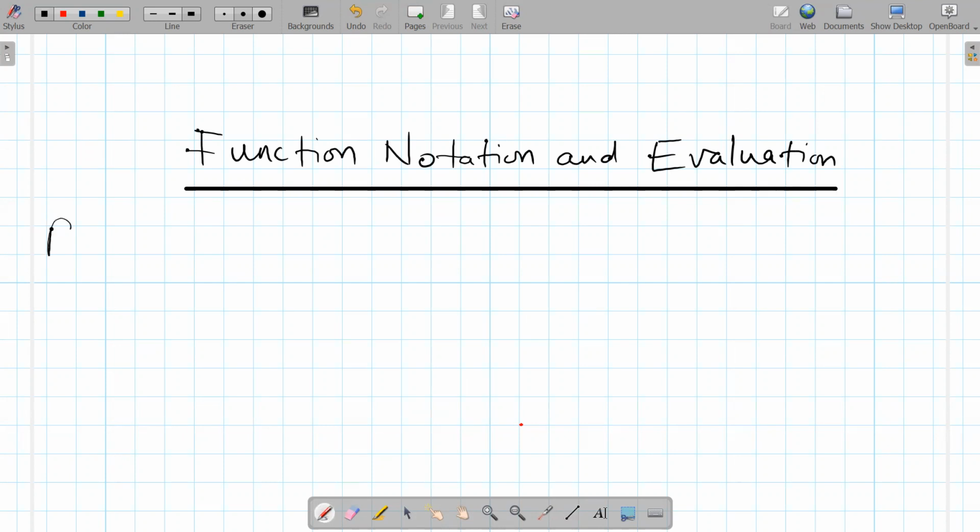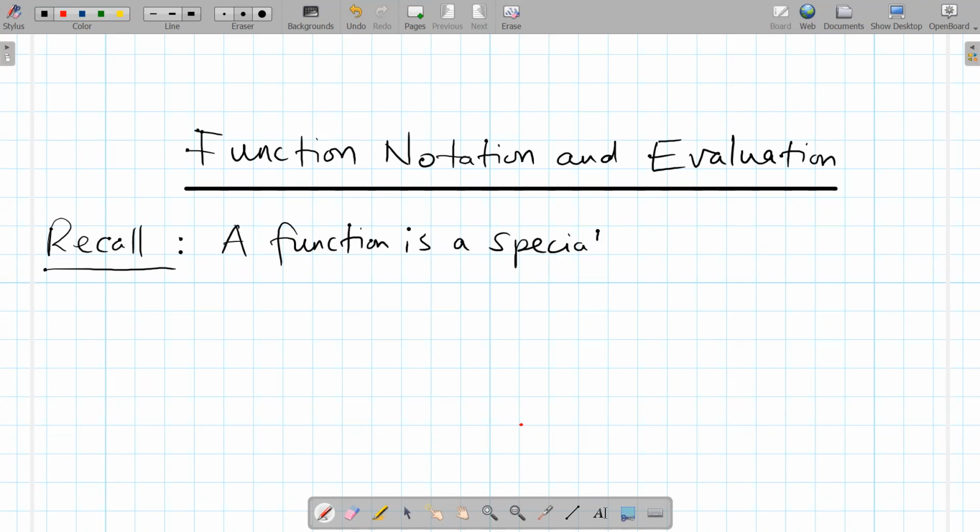So if we recall, a function is just a special kind of relation. Okay, so recall that a function is a special kind of a relation.